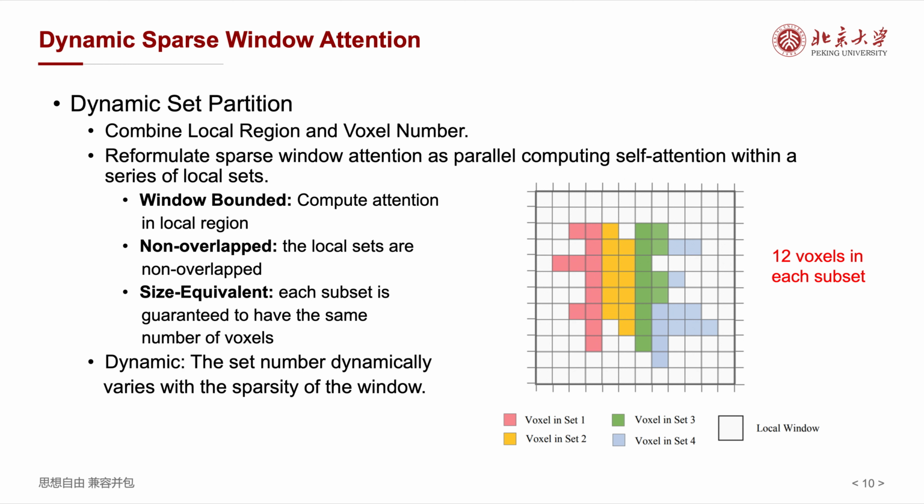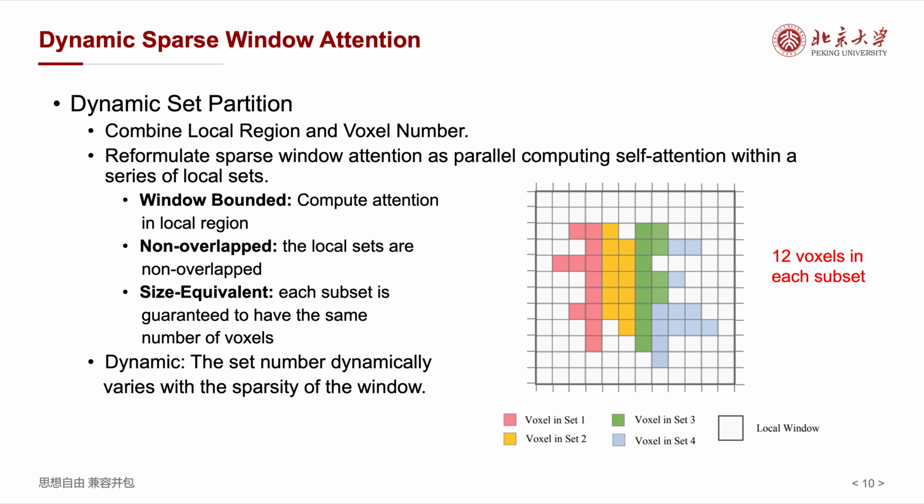We reformulate the sparse window attention into a series of attention in local sets. These sets have the following characteristics. First, the set boundary is bounded by the window, which means our sets are inside the corresponding window for better learning of local patterns.